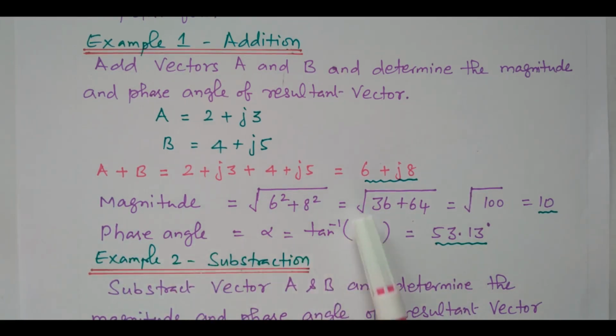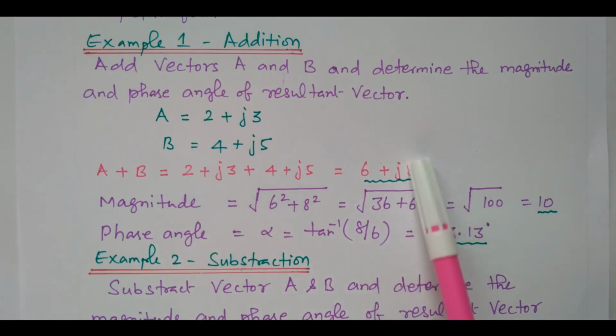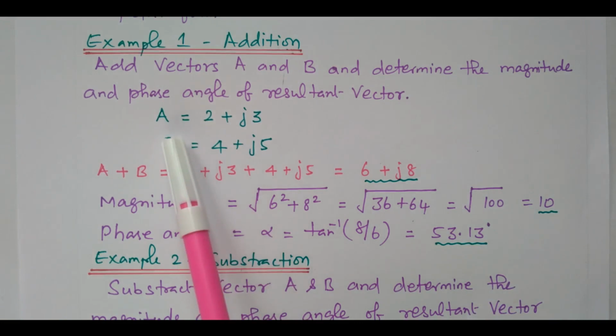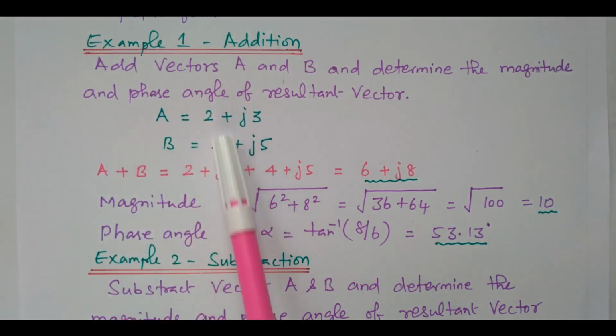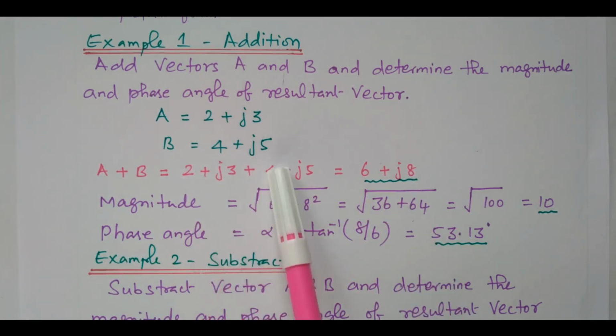Tan inverse of imaginary term by real term, 8 divided by 6, that is 53.13 degrees. So in this problem, two vectors in rectangular form are added easily. Real terms should be added and imaginary terms should be added. From that we calculated the magnitude and phase angle also.